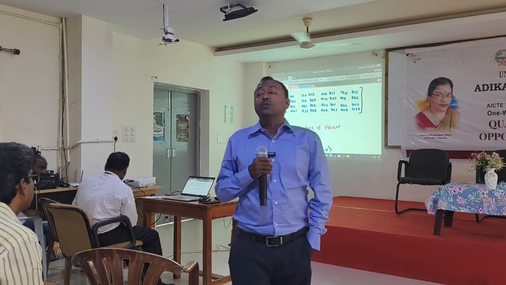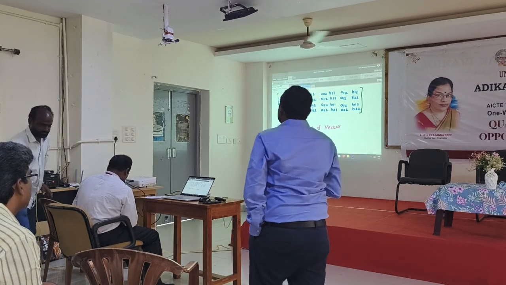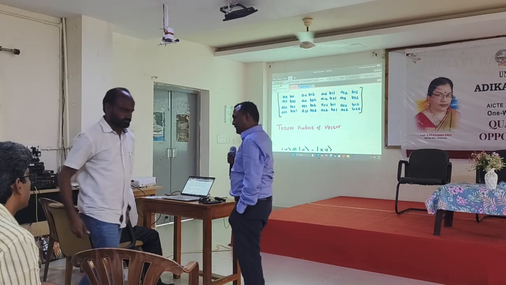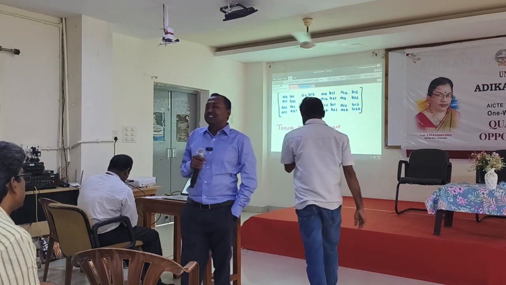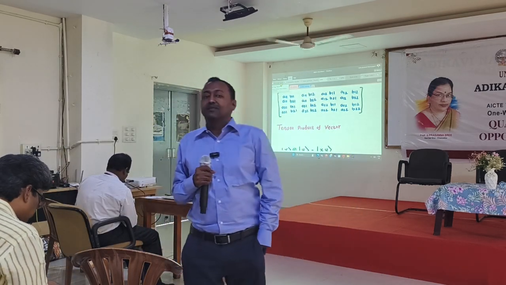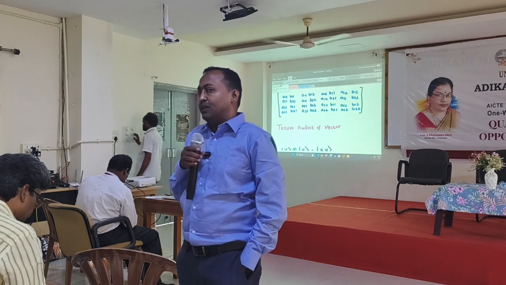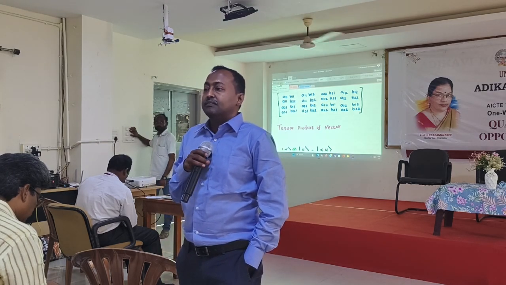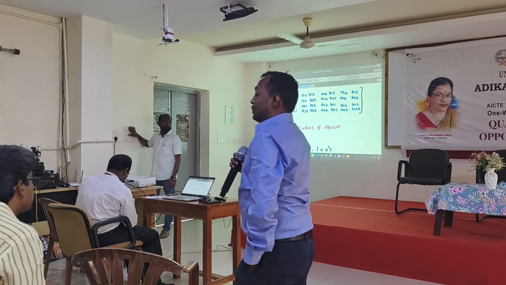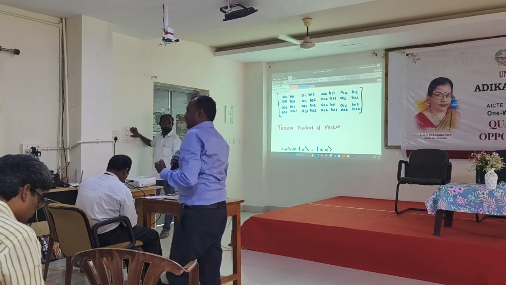Right. Now we need to process the tensor product of vectors. So any guess what is the tensor product of vectors? What might be the output? If you take the tensor product for vectors, what will be the output?